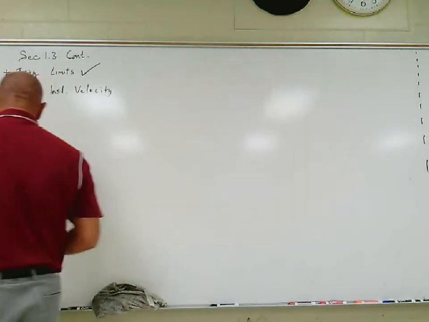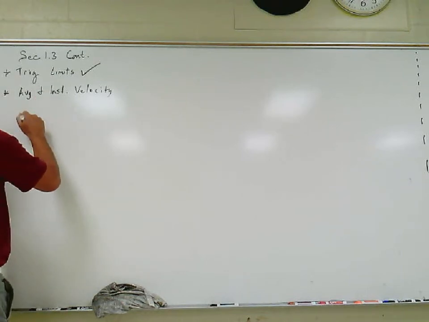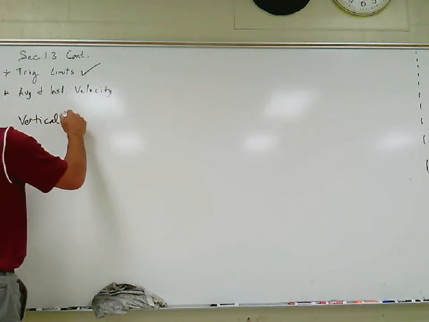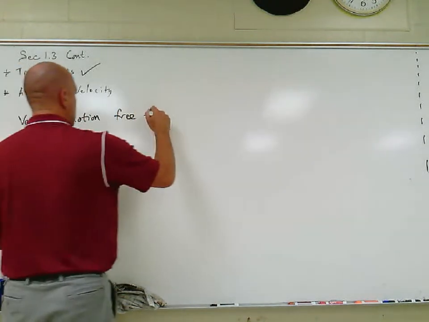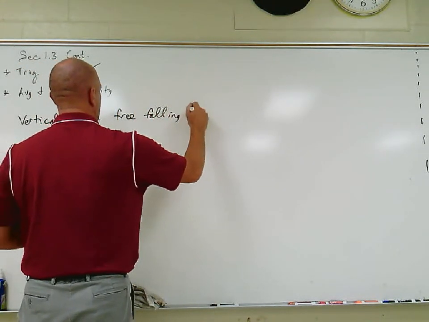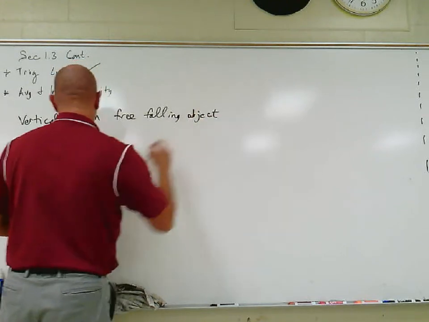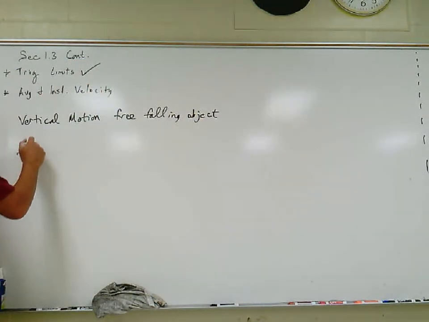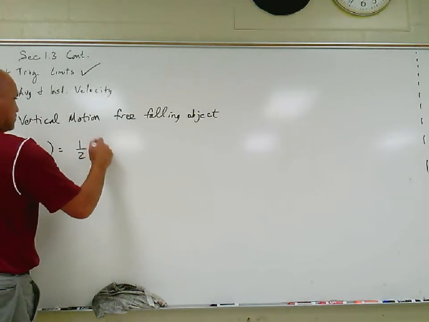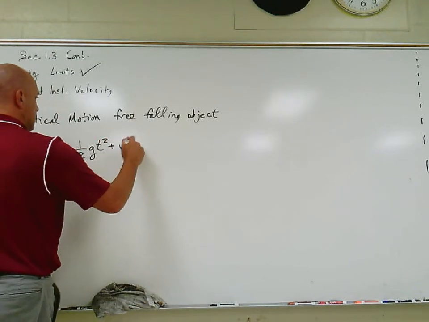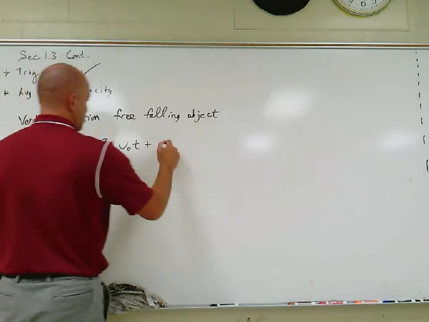So if we look at the vertical, this is called vertical motion that we're going to look at, the vertical motion of a free-falling object. Well, the height, and we use s of t for the height, is given by 1/2 g t squared plus v naught t plus s naught.